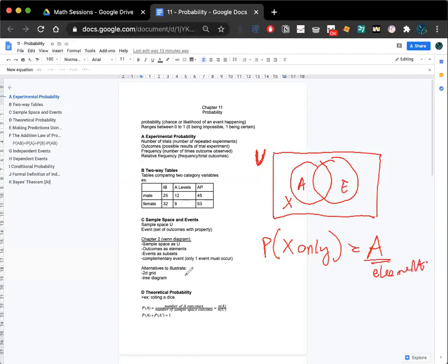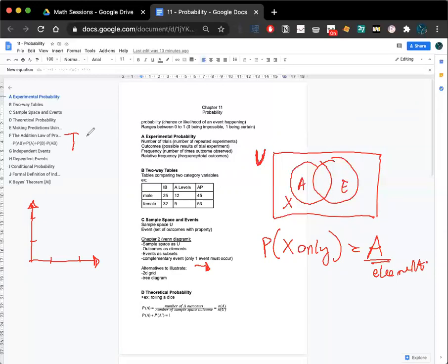And then there are also alternatives to illustrate sample space and events, such as the 2D grid, the two-dimensional grid. For example, we have something like this. Let's say we want to portray a grid where you flip a coin twice. The chances of flipping a coin would be tails and heads, right?